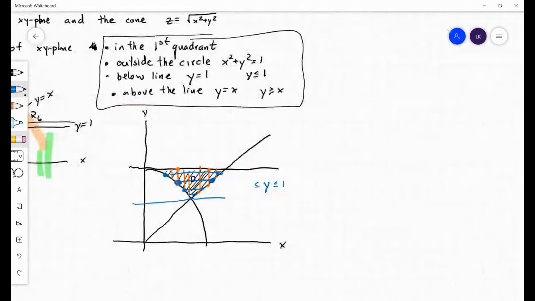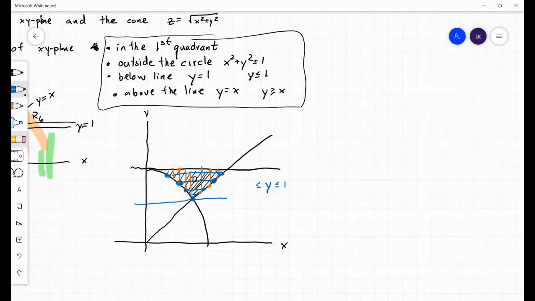Okay. So we can say, what's the point of intersection between the circle and the line? So we have our circle, and we have our line. What's the point of intersection? Yeah.